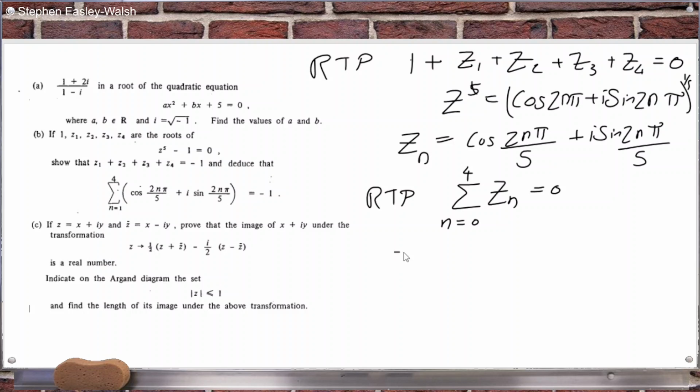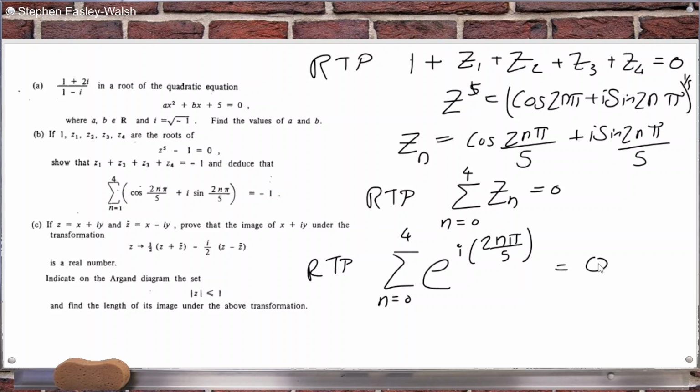What you might not know is that there's another version of De Moivre's theorem which says this is the same thing as e to the power of i times 2n pi over 5, from 0 to 4. So we're required to prove now that this adds up to 0.